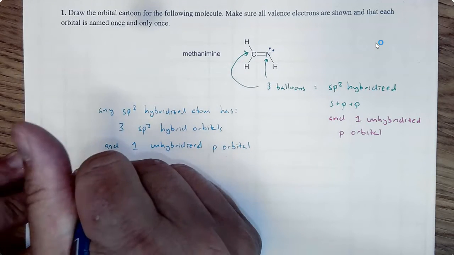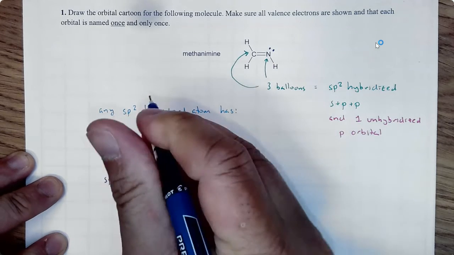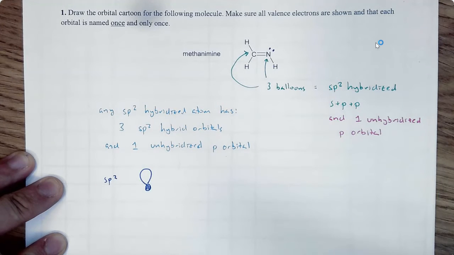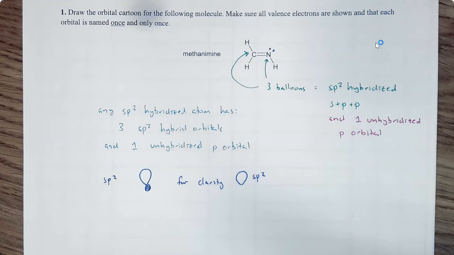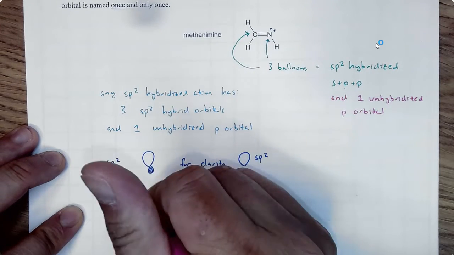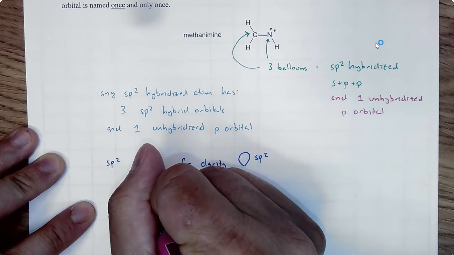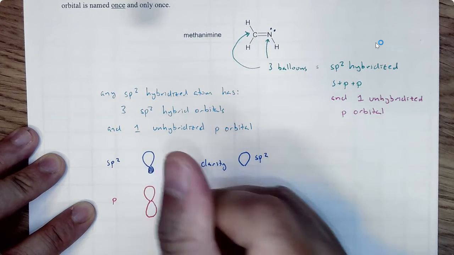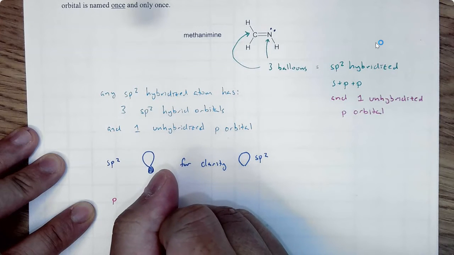An sp2 orbital looks like this. 2 lobes actually, one bigger than the other, but for clarity, I would allow just 1 teardrop. And an unhybridized p orbital looks like this, and I'm also using different colors, but the 2 lobes are equal size, and one is shaded and one is not.